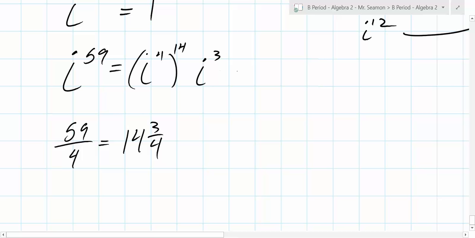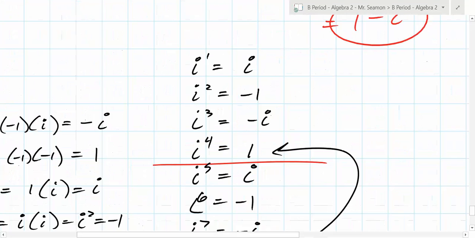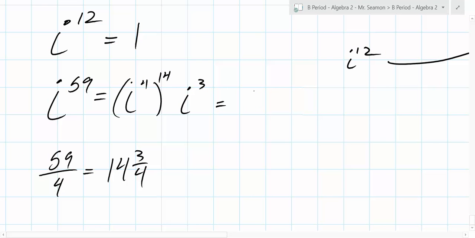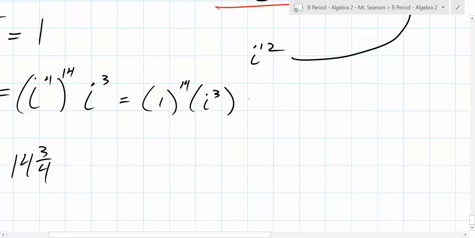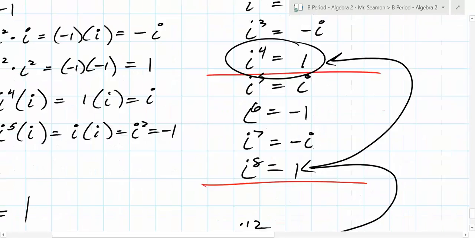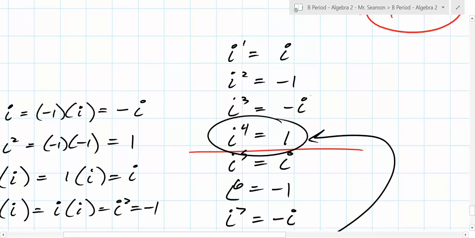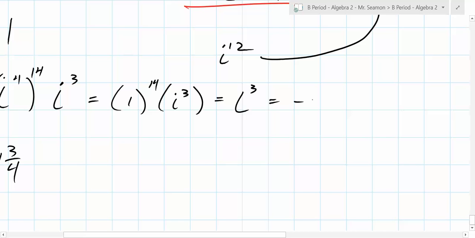But what do we know i to the 4th is? 1. So it's 1 to the 14th times i cubed, right? But what is 1 to the 14th? 1. So this is just i to the third. And what is i to the third? Negative i.